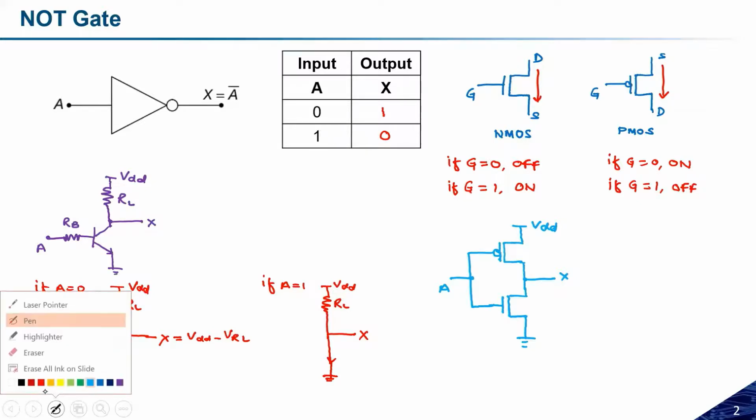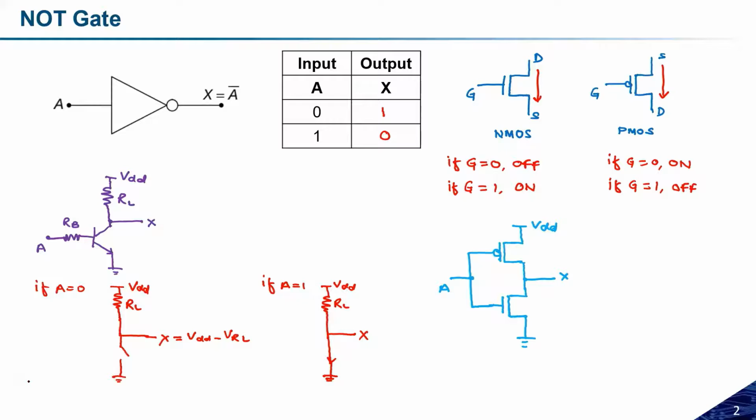Suppose A is equal to 0. If A is equal to 0, how will the circuit look? Here, this is the PMOS, and this is the NMOS transistor.